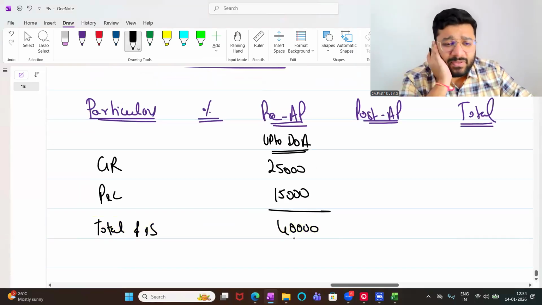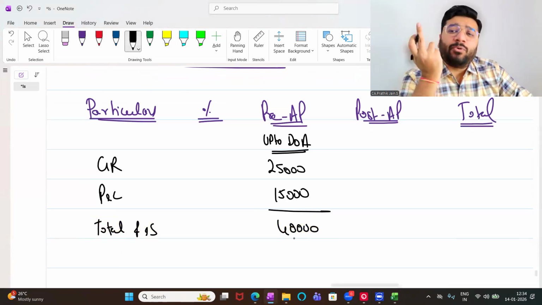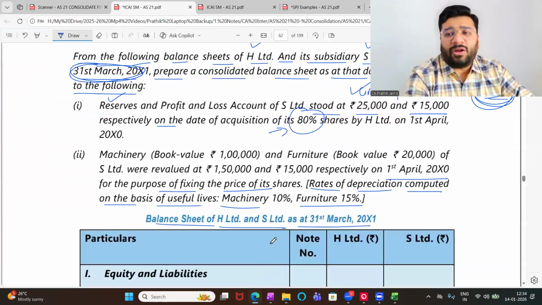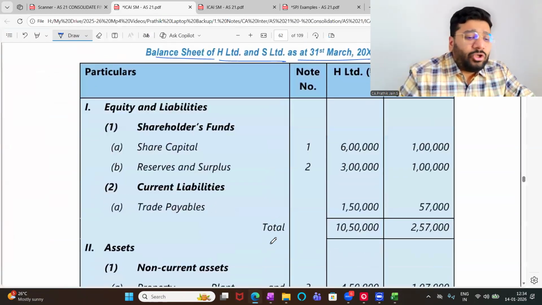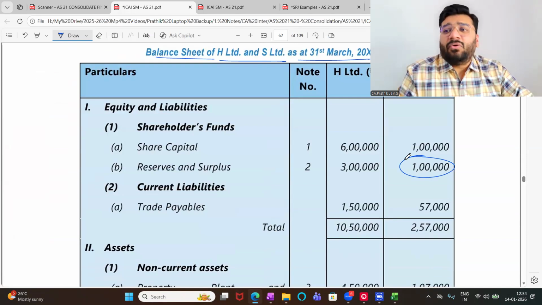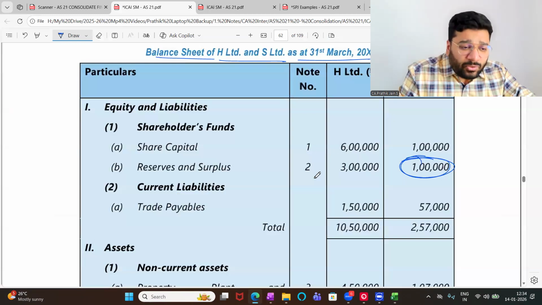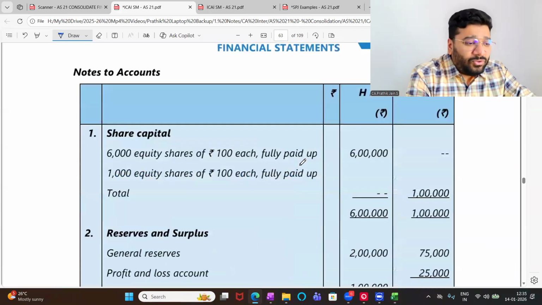Now my simple question to all of you: from where should I get the total? I want post-acquisition profit. Where is post-acquisition profit? In the balance sheet? In the balance sheet, post will not be there. In the balance sheet, cumulative reserve and surplus will be there. Sir, total 1 lakh is given. Where should I put this 1 lakh? See this note number. Go to note 2.